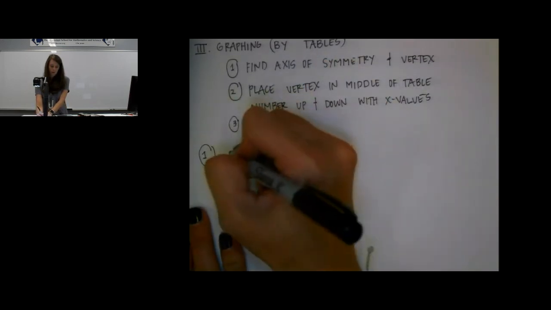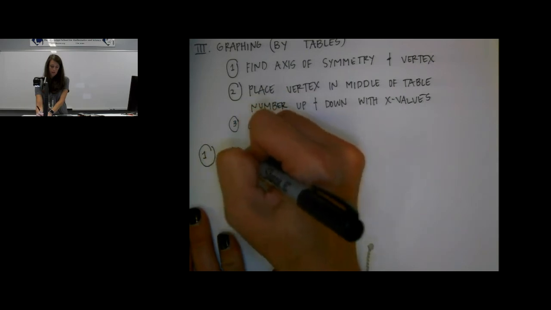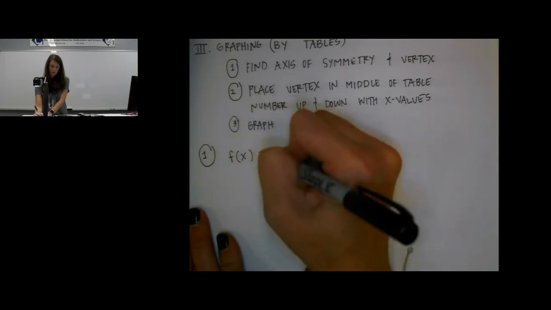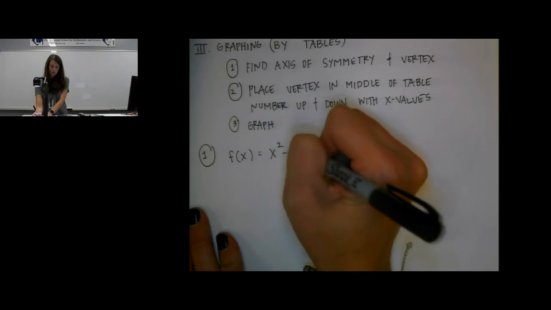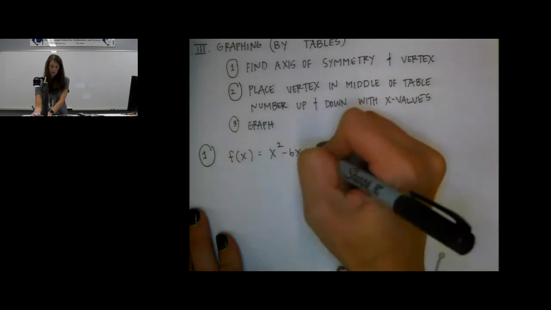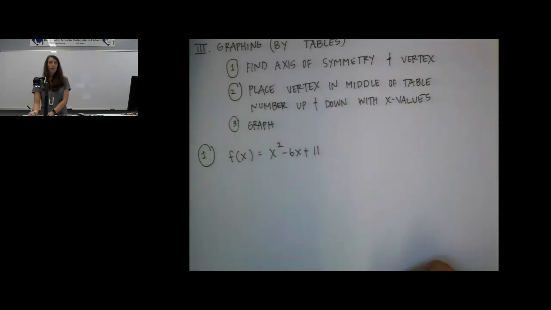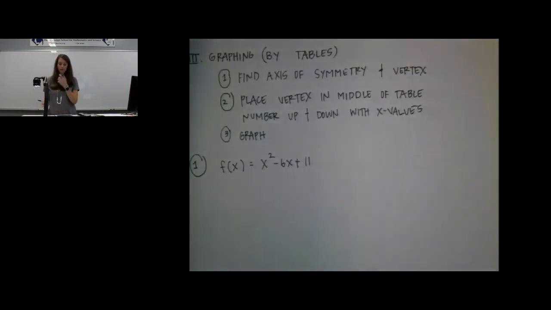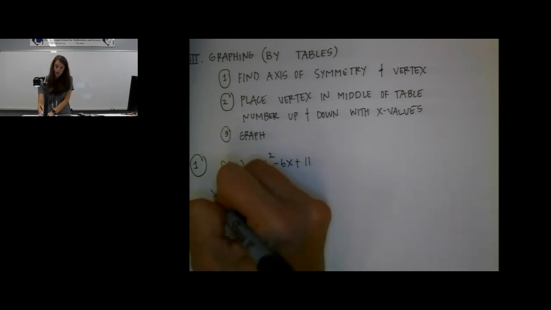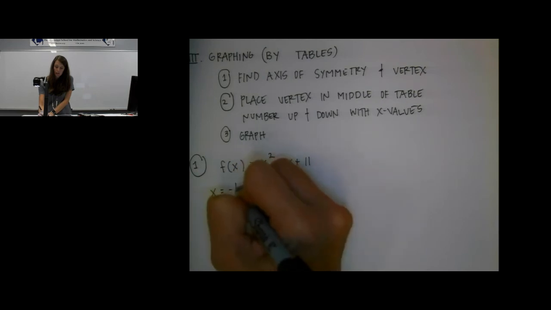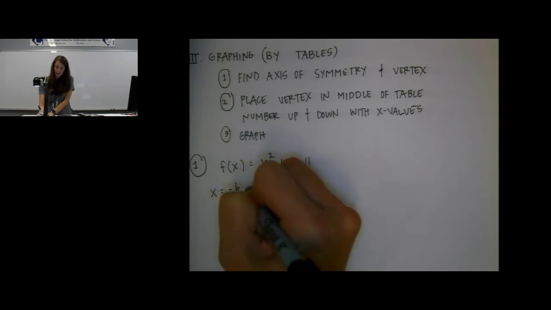Okay, so let's do this one here. x squared minus 6x plus 11. So my axis of symmetry is going to be negative b over 2 times a.